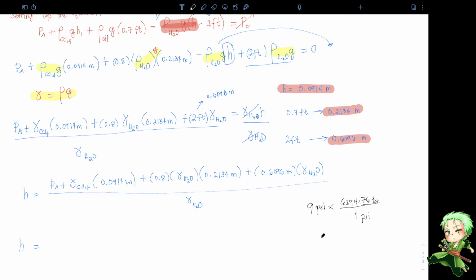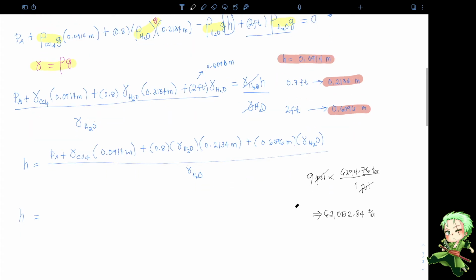So that means you will get the value of 9 times 6894.76, which is 62,052.84 pascals. So you now have pascals as a unit, which is the SI unit for pressure. So we are consistent, all in SI.